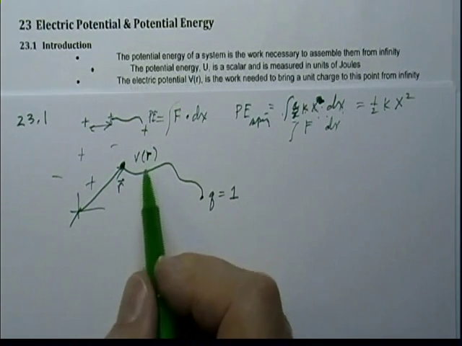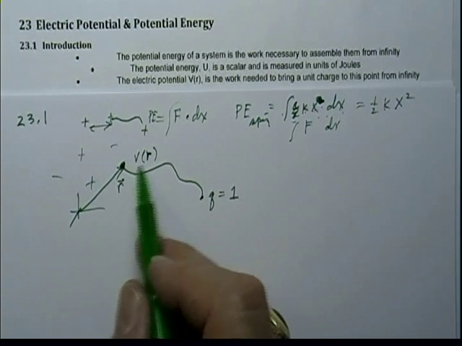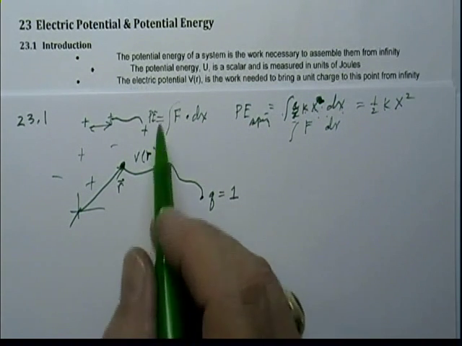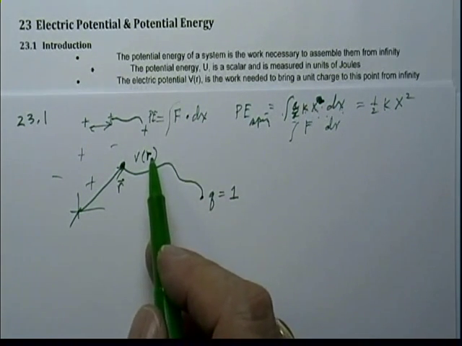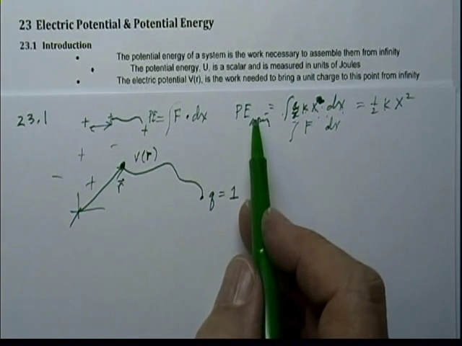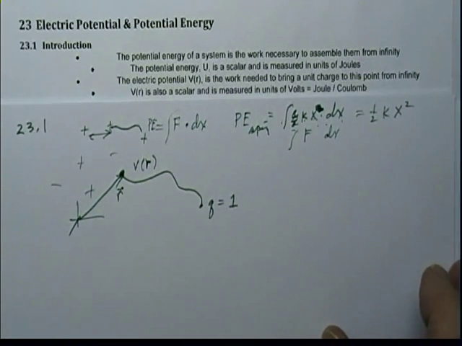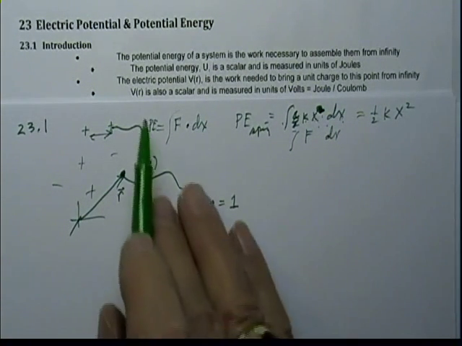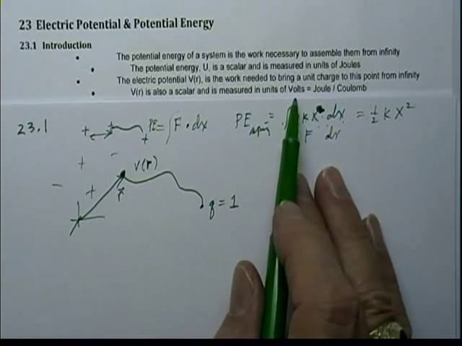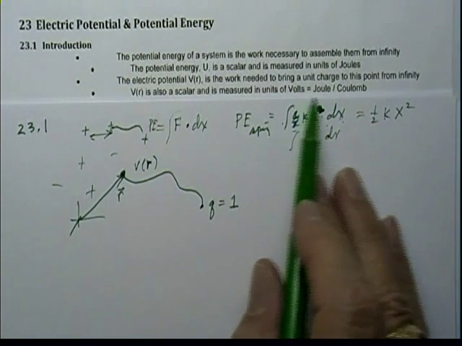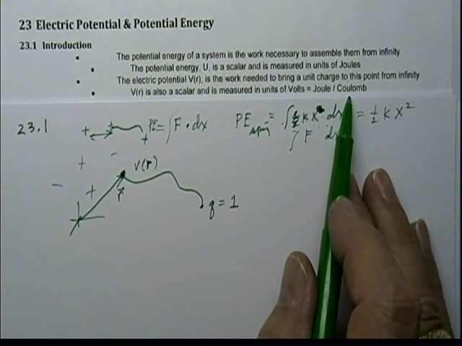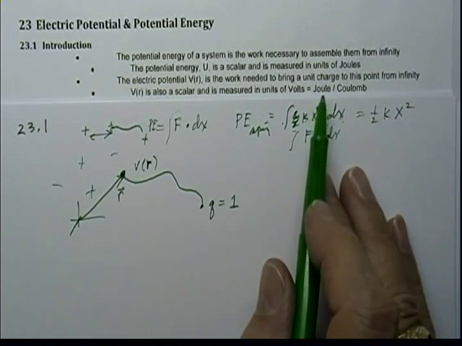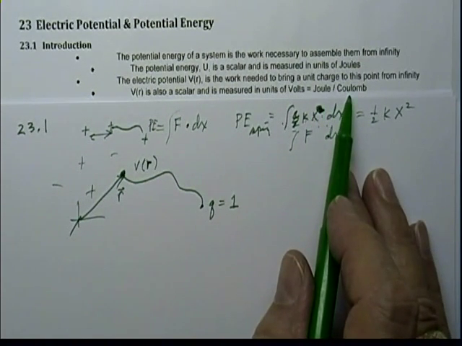And you'll notice that that is not that potential. The electric potential, V, is not a vector. And the potential energy is not a vector. Both of these are scalars, whereas the force and the electric field are both vectors. So V of r is a scalar, and it's measured in terms of volts, which is a joule per coulomb. It's the work you do per charge.